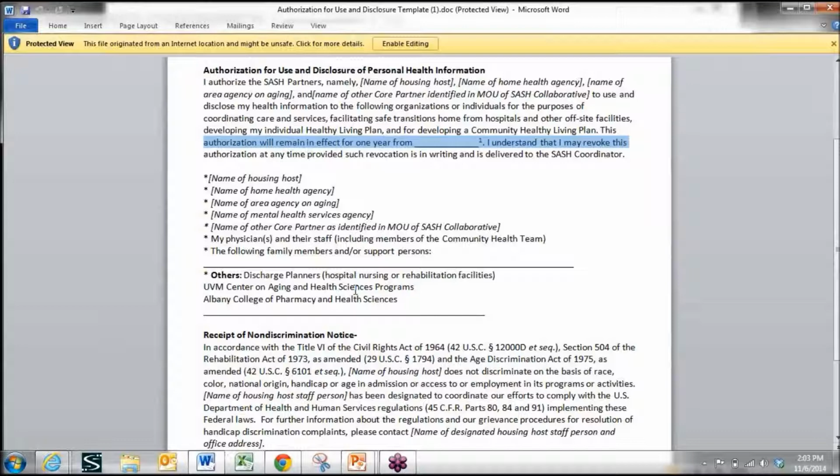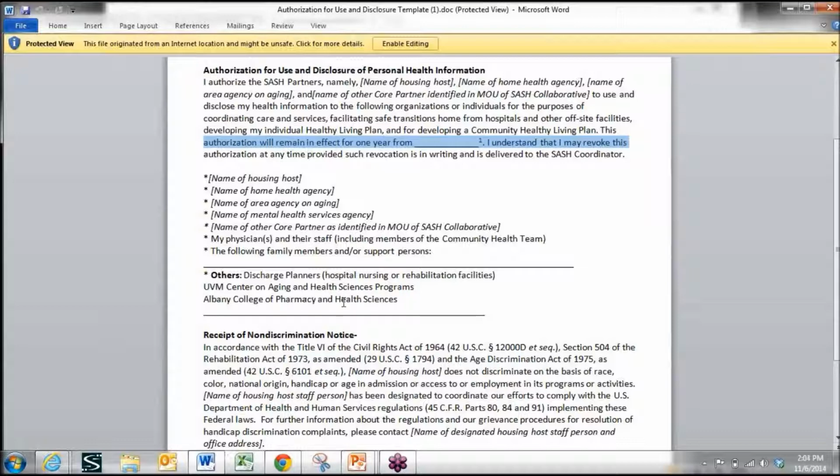Depending on where you are, you may want to have UVM on here as well in case you're close enough and able to use some student interns. But you may have a local university that you want to put in instead that has a nursing school. Maybe if you're close to VTC, there's a partnership there that you could utilize.